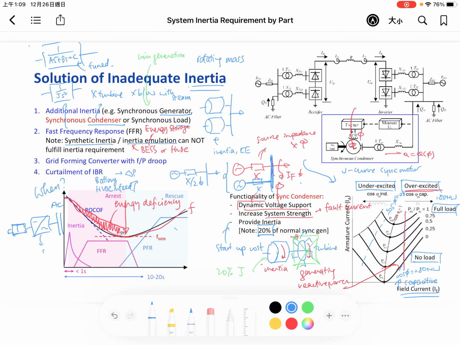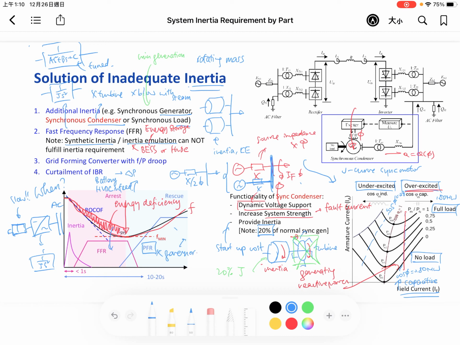Imagine it includes the virtual inertia or synthetic inertia, but the battery is so slow that it cannot arrest the energy drop because it releases so slowly. It cannot provide any fast frequency response, and in the end it becomes slow frequency response. What is left is the primary frequency response from the governor.